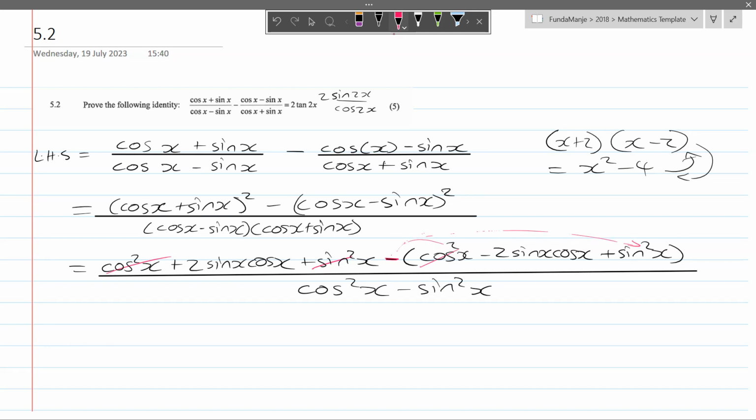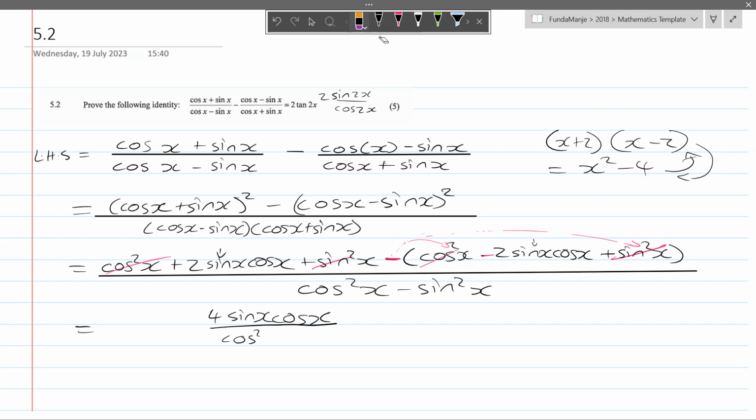And also this one, so these two also cancel. Then that leaves this minus and that minus. That's gonna make a positive. So at the end we're gonna have this term and this term being added together to give us 4 sine x cos x all over cos squared x minus sine squared x.